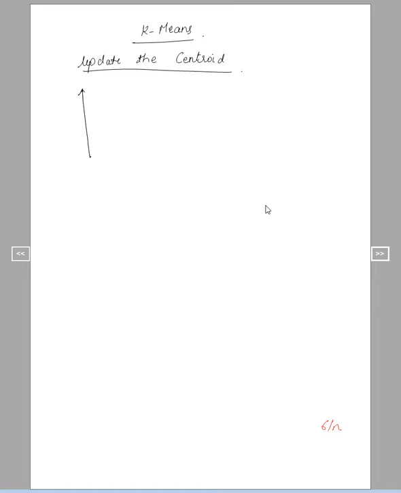I'm just reducing the example so that the calculations can be quick. We actually calculate two kinds of distances. One is inter-cluster distance. So assume now we have only 5 points. This is cluster 1, this is cluster 2.